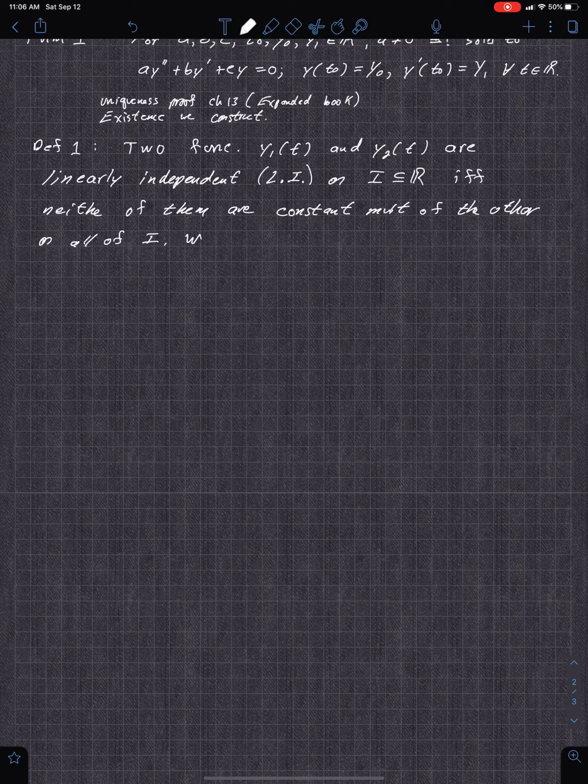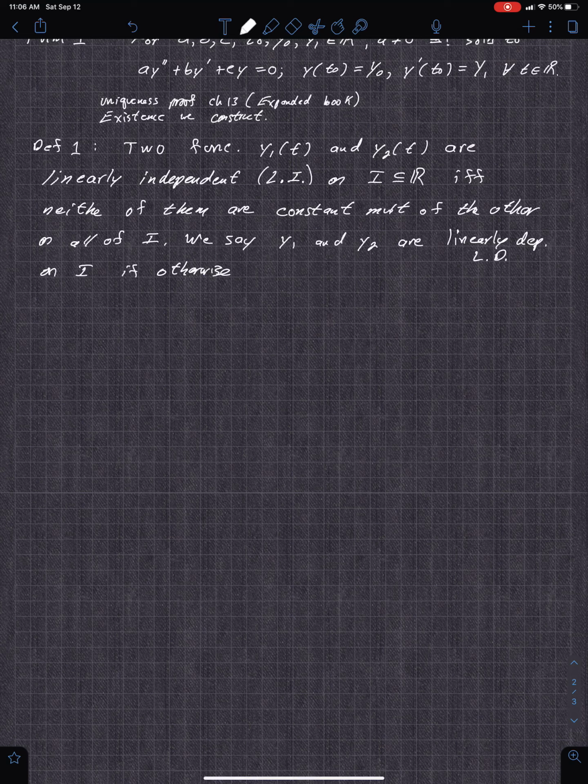We say the functions y1 and y2 are linearly dependent on I, basically, if otherwise. I didn't write all that out again because you don't really have to. And then we abbreviate that LD.